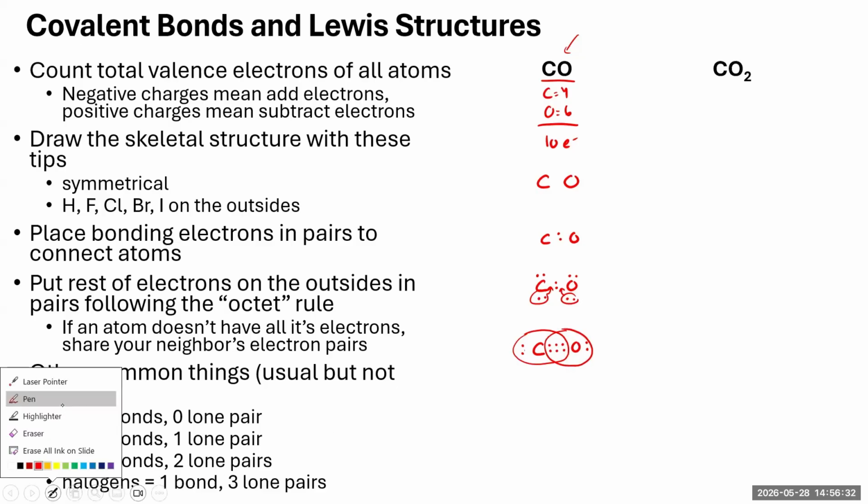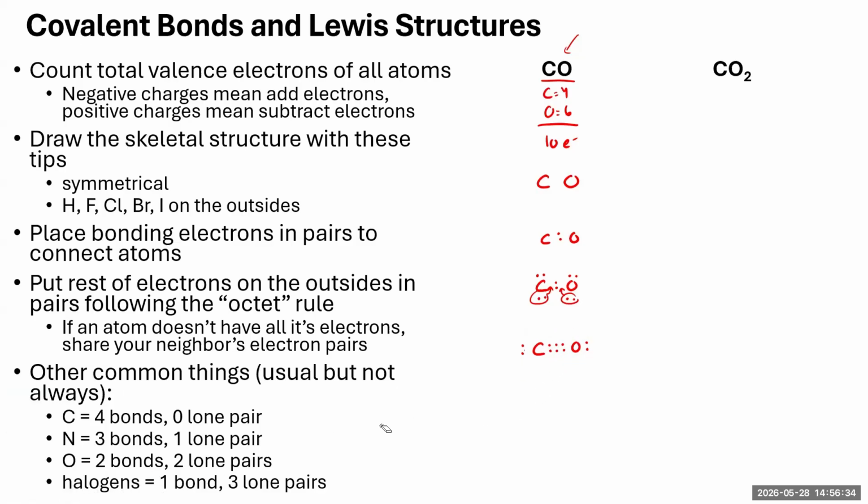So since they both are satisfied with the octet, that's now the Lewis structure, right? And that here is a triple bond because it shares 3 pairs of electrons.